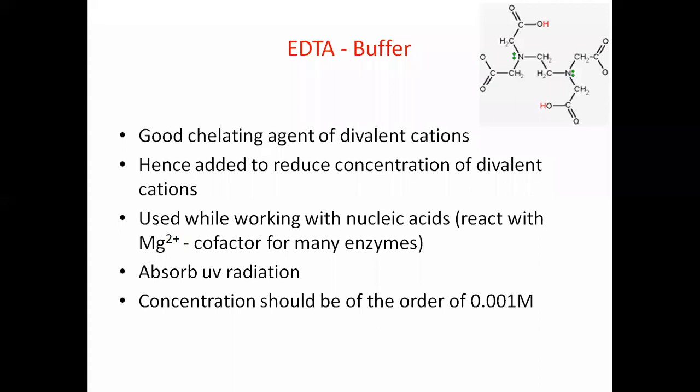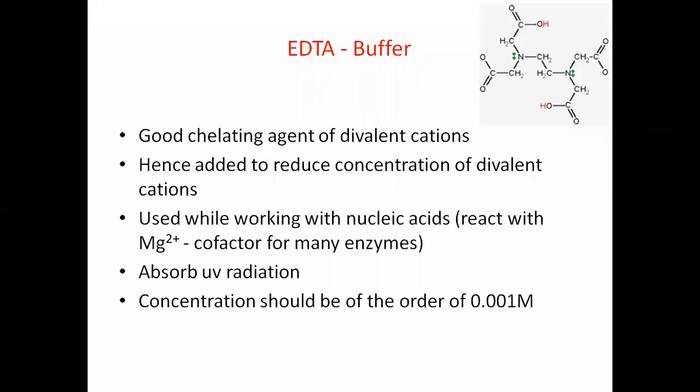And as it has a tendency to chelate with divalent cations, it always finds application in work associated with nucleic acids, because when you are working with nucleic acids, there is a lot of possibility for you to interact with magnesium 2 plus ions, because magnesium 2 plus ions are the cofactor for many enzymes.